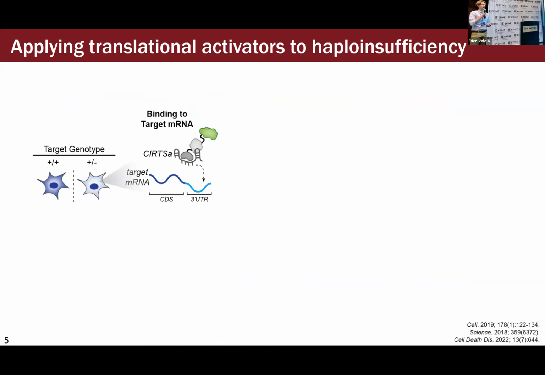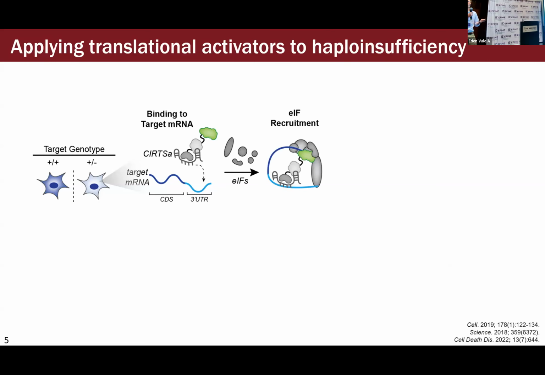But just to recap, the idea here is if we wanted to target a haploinsufficient mRNA with CERTS, we should have a pool of 50% of the healthy mRNA that we'd program our guide RNA to bind to. And upon binding to the disease-relevant mRNA, our CERTS are going to recruit proteins in the cell called EIFs, which are eukaryotic initiation factors.